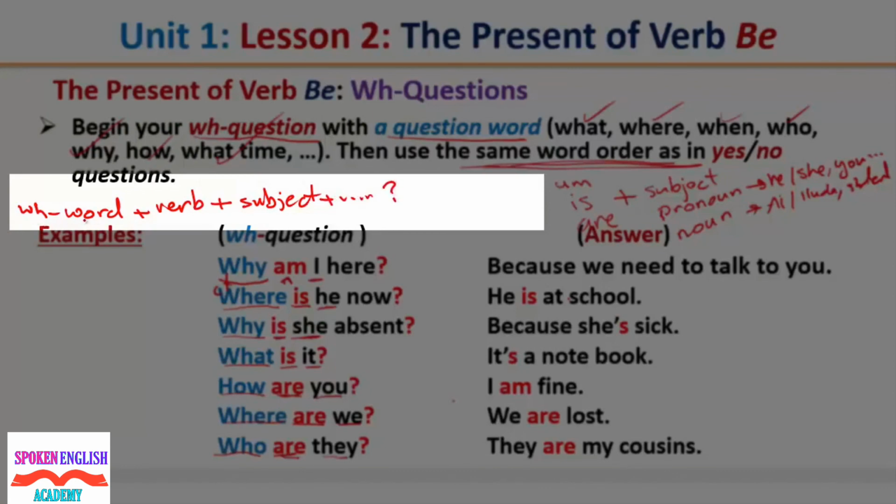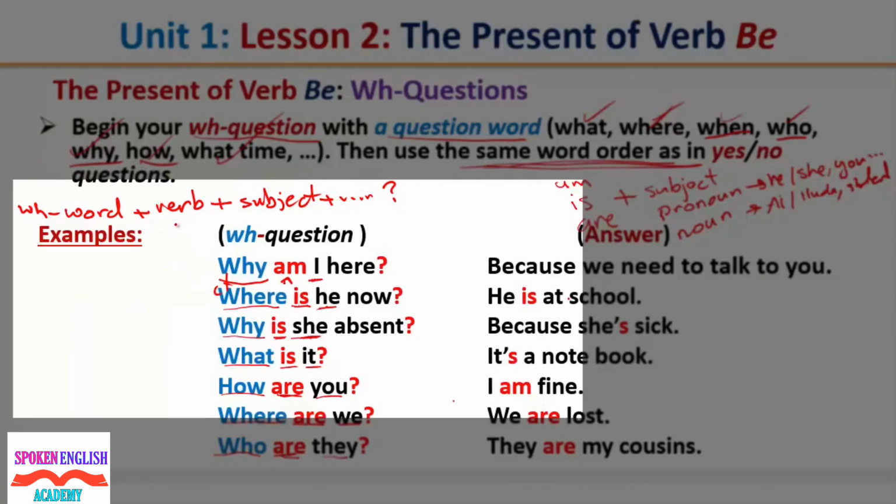So we need a WH word like what, where, when, who, why, how. Then we need a verb like am or is or are. Then you need a subject.